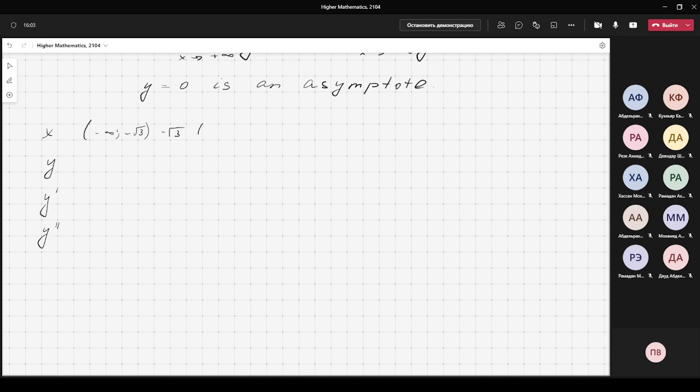Then from minus square root of 3 to minus 1, then the point minus 1, then from minus 1 to 0, then the point 0, from 0 to 1, the point 1, from 1 to square root of 3, and from square root of 3 to plus infinity, the last interval.